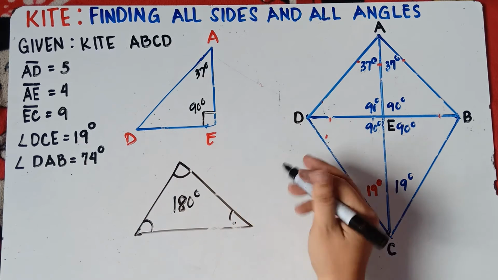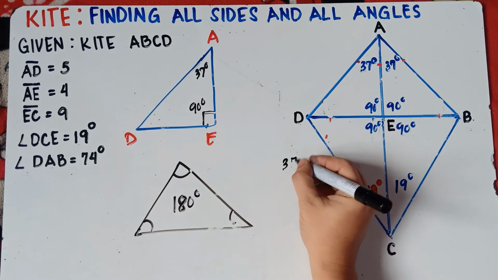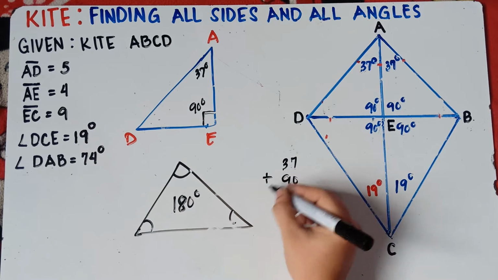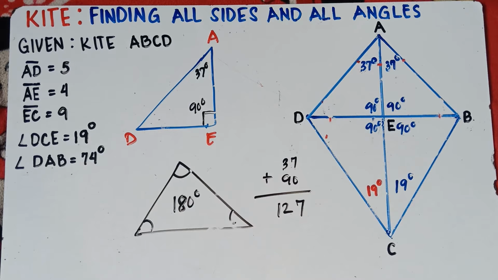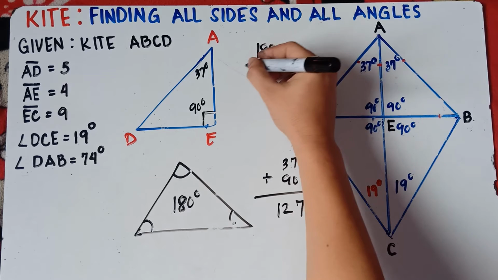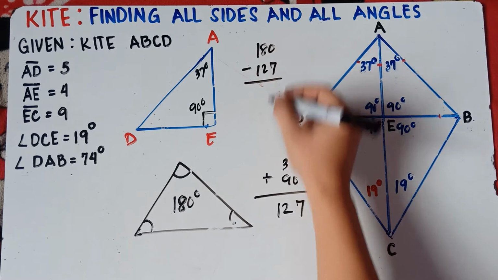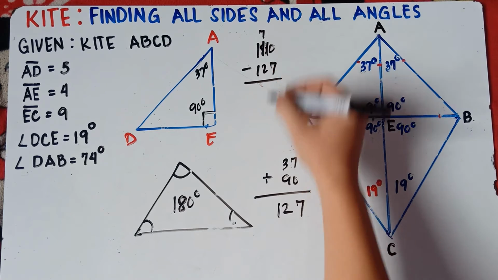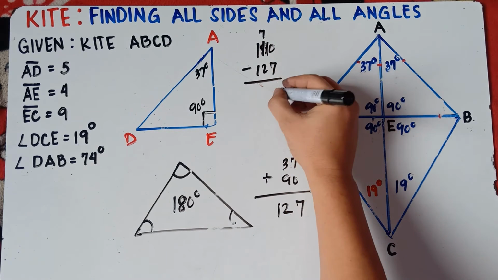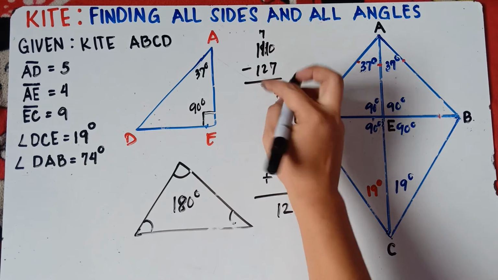Okay, so let's add this up. That would be 37 plus 90. This will be 7, this will be 12. So 127, and we subtract it from 180. So 180 minus 127. Borrow 1. This becomes 7, this becomes 10. 10 minus 7 is 3. 7 minus 2 is 5.